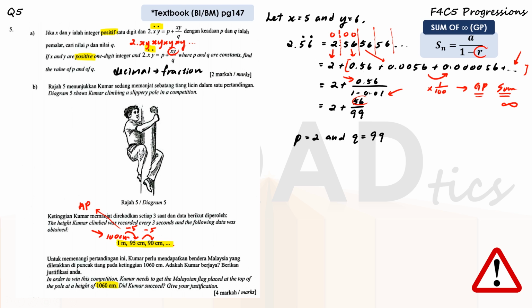So we will reach a point where it will reach 0 cm and approach a negative value. So we do not want to include this because we want to see whether Kumar can actually reach a maximum height of 1060 cm. So we need to avoid all the negative values and we need to add up all the positive values together.